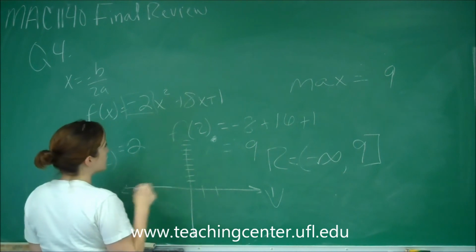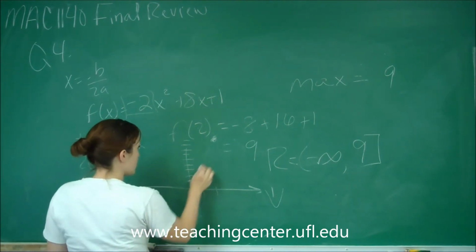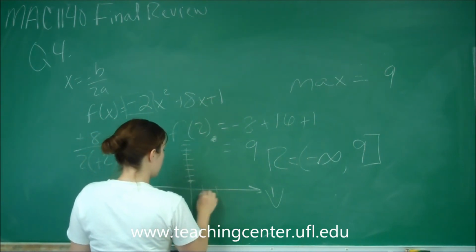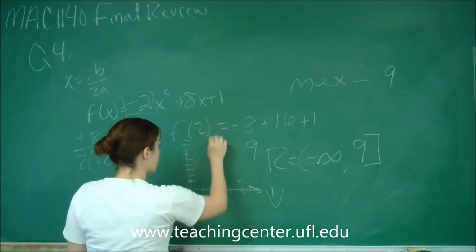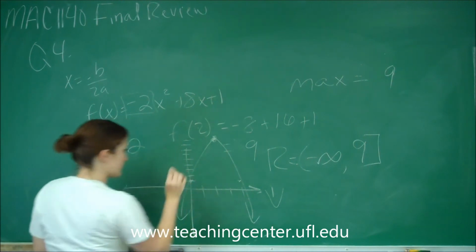And then at 0, it goes through the point 1. So it's going to look like this. That's my sketch.